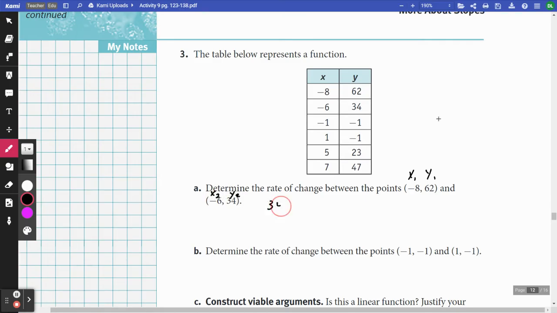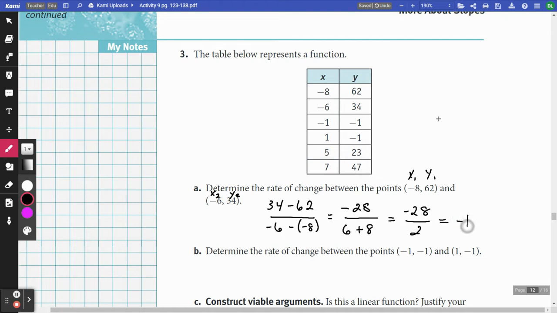So 34 minus 62 over negative 6 minus negative 8. 34 minus 62 is negative 28, over 6 plus 8, which is negative 28 over 2. And that simplifies to negative 14.